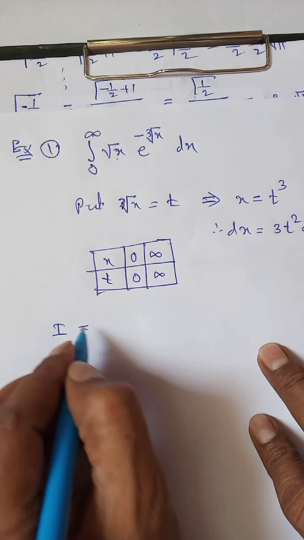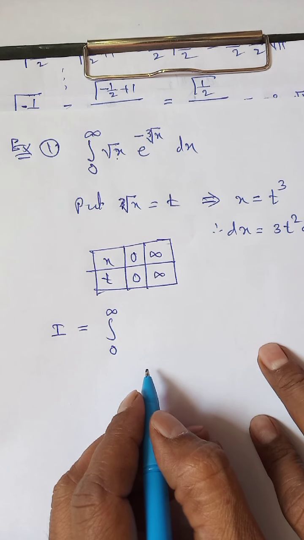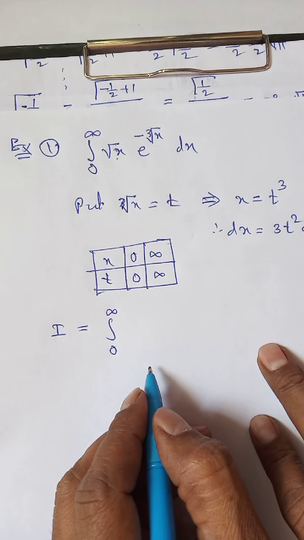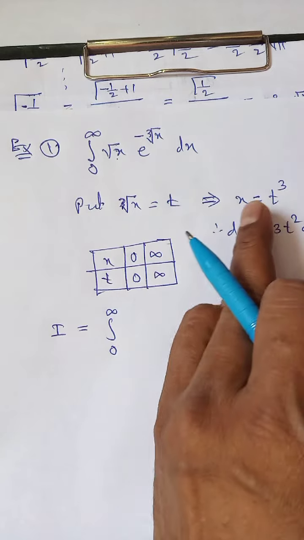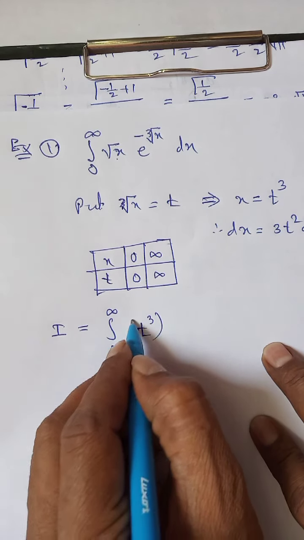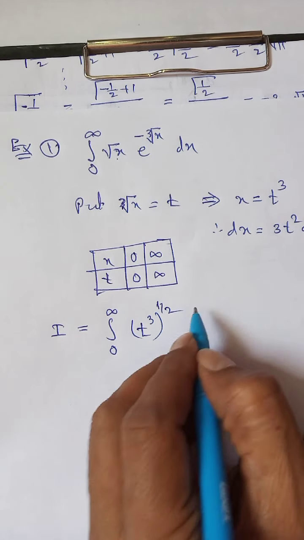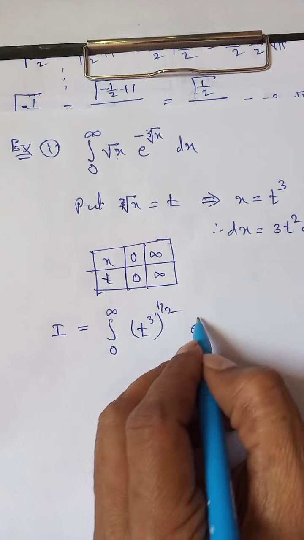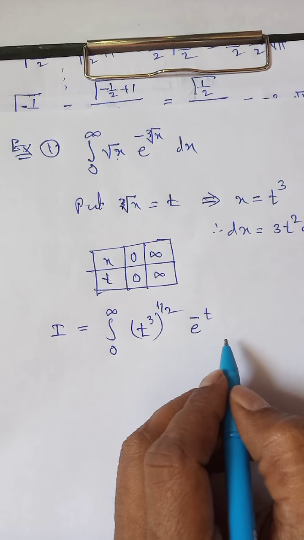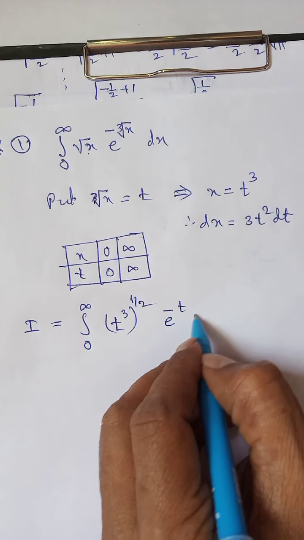Therefore this integral's new limits are from 0 to infinity, root x. Root x means x to the power half. But what is the value of x? t cube. So t cube to the power half into e to the power minus cube root of x, which is t. So e to the power minus t into dx. dx is 3t square dt.